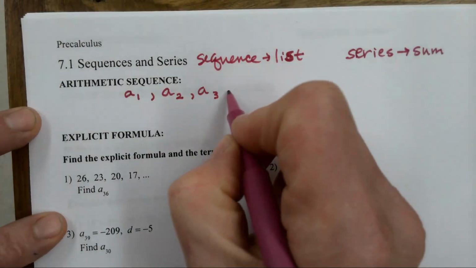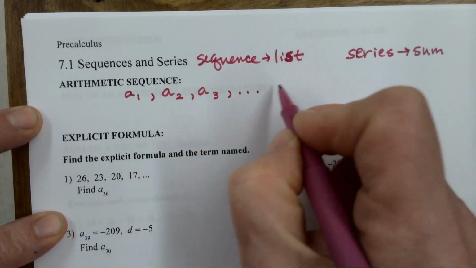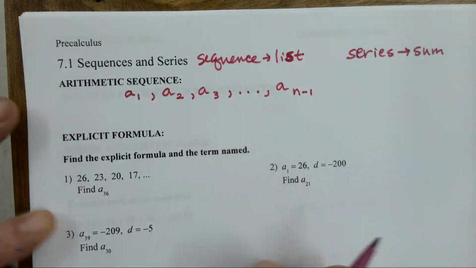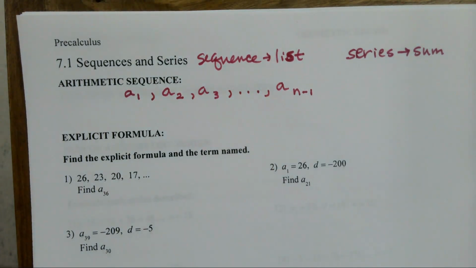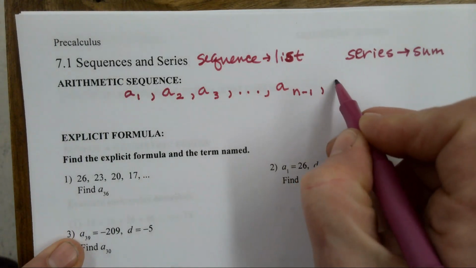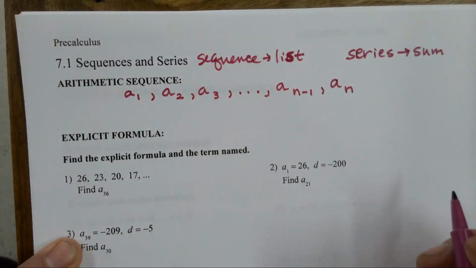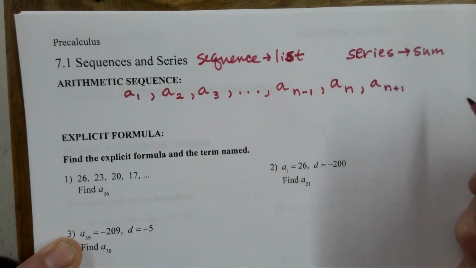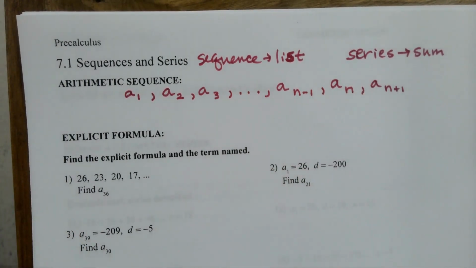This list can go on and on and on. It can even go infinitely, but we sometimes talk about other terms that are further down in the sequence, and we talk about them with an n variation of a subscript. So when I see A sub n minus 1, that is the term that comes before A sub n, and A sub n is followed by A sub n plus 1, representing any term down the road.